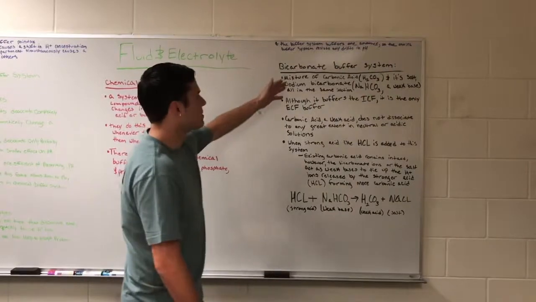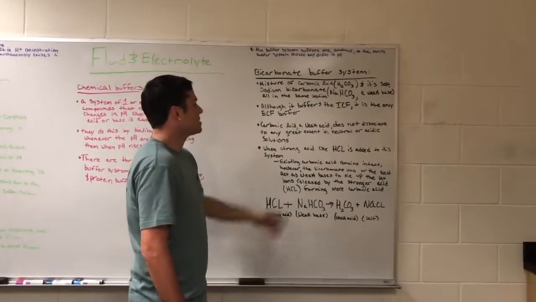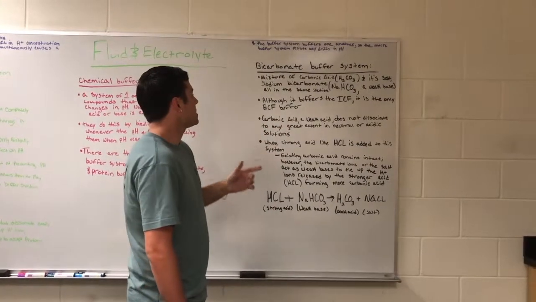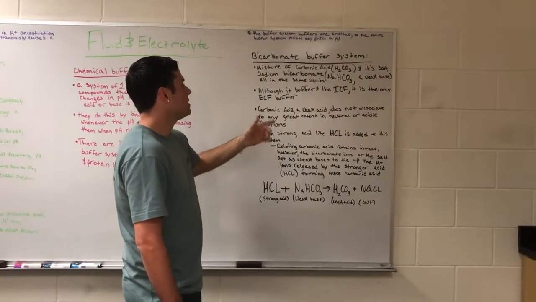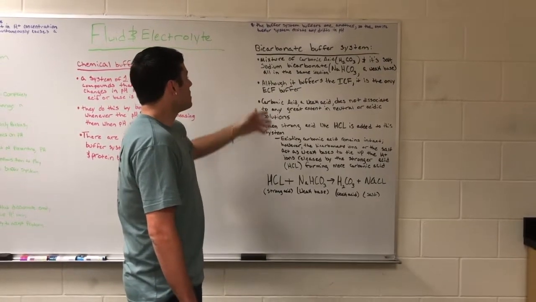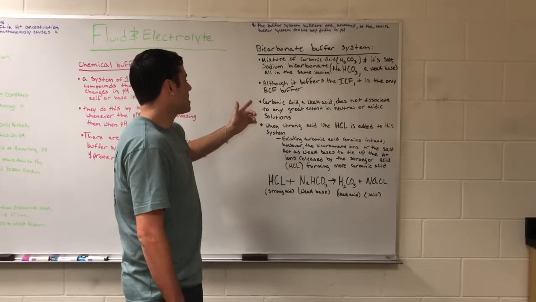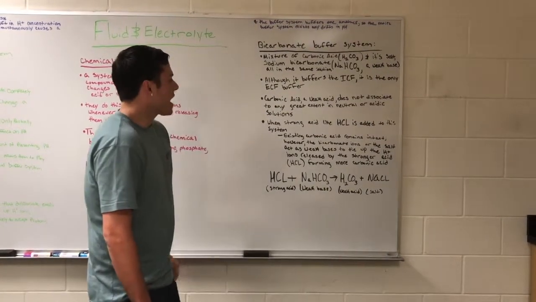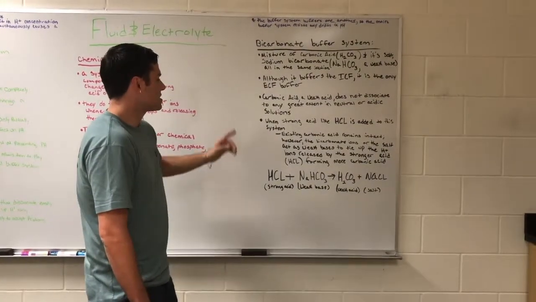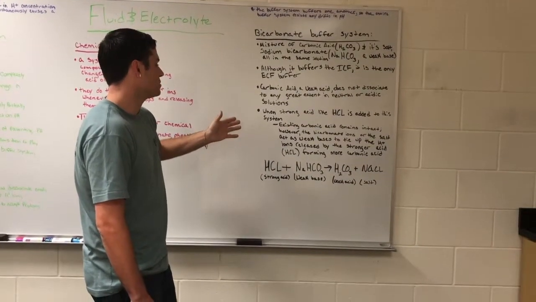Over here, we have the bicarbonate buffer system, which is a mixture of carbonic acid, which is H2CO3, and its salt, sodium bicarbonate, NaHCO3, a weak base. Although it buffers the ICF, it is the only ECF buffer. Carbonic acid, a weak acid, does not dissociate to any great extent in neutral or acidic solutions.